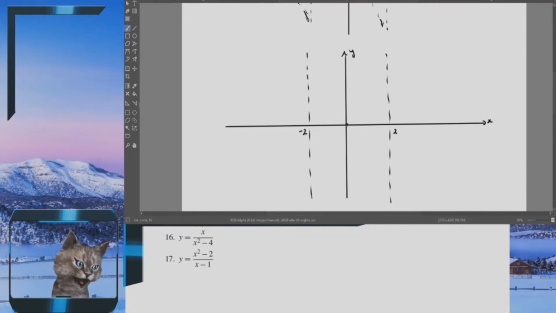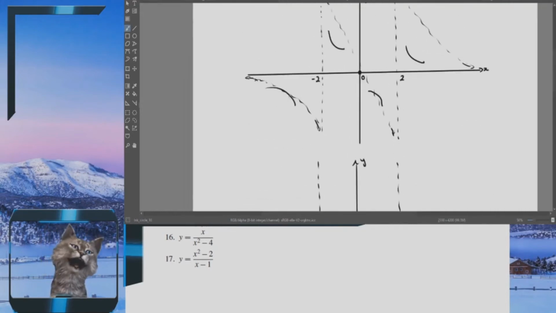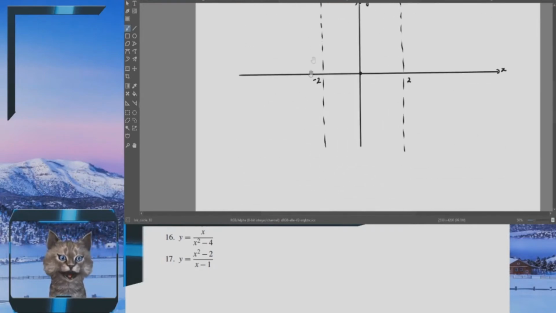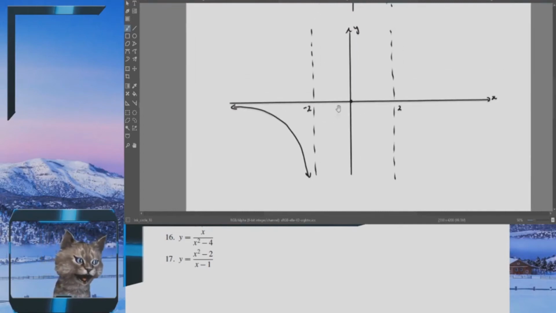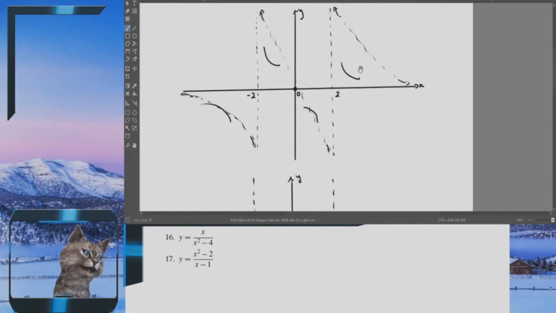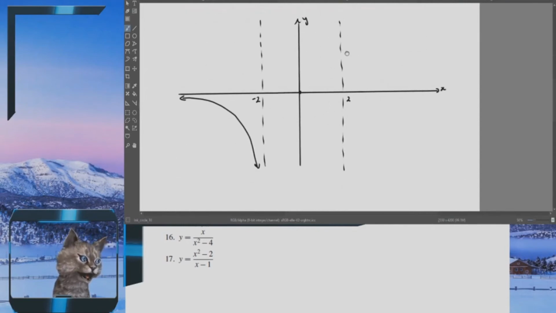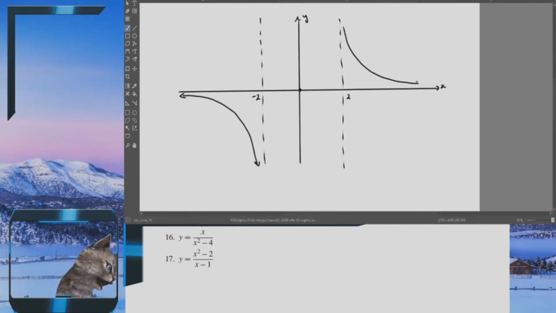I have my y-intercept, and I know for the left section, it's going to be in this bottom left corner over here, like so. Trying to not be too wobbly. I'll do the right one next, up here, top right. It's going to be straightforward, a familiar shape that I've seen in rational functions already.